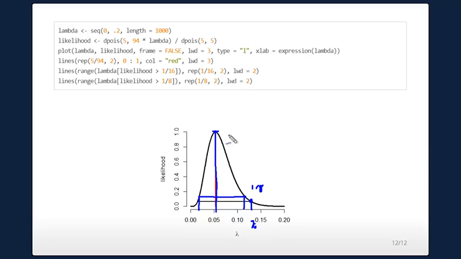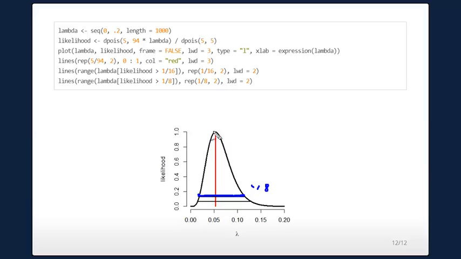Any other point in this range, you cannot find a point that's more than 8 times better supported. Every point outside of that range, you can find a point that's more than 8 times better supported. So this collection of lambda values are exactly the points such that there is no other point that is more than 8 times better supported, if we draw that line at 1/8.